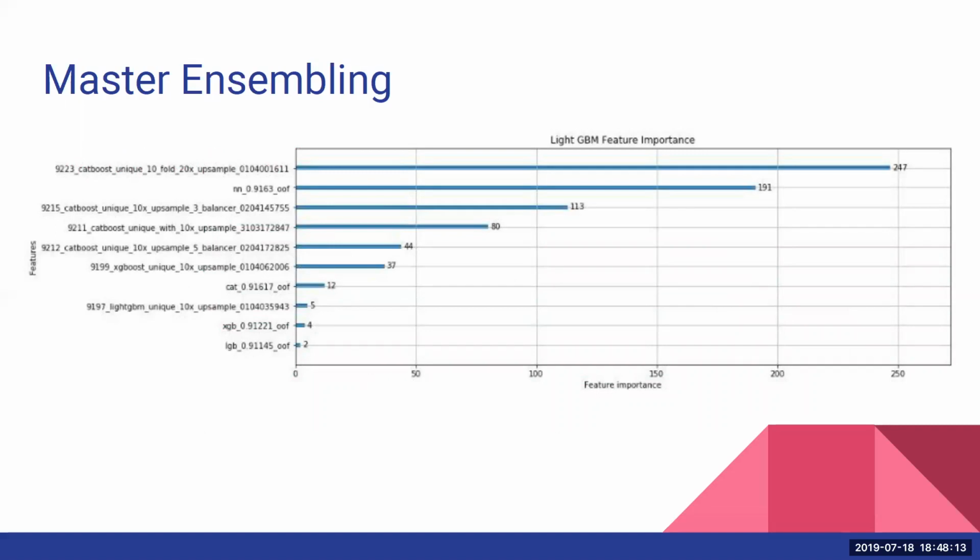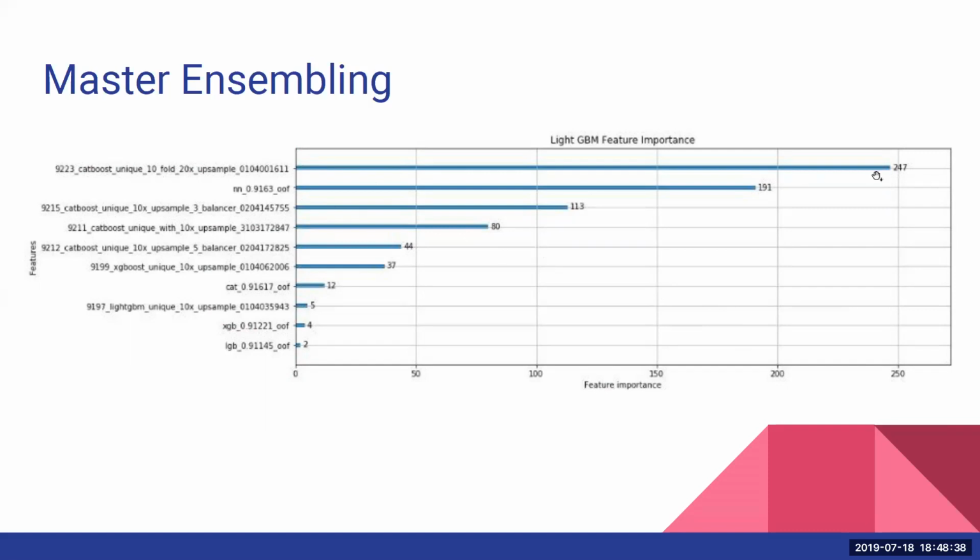This is one picture from the latest competition I was solving. Basically, we have different models, and sometimes before you put them into the ensemble, you want to see what importance they have, like different models, different predictions, how important they are. For example, the first one is a CatBoost approach.